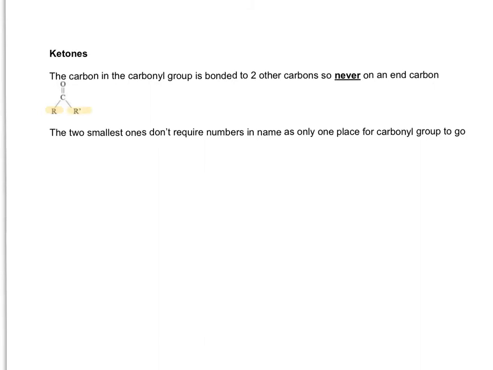The R prime just indicates that it could be a different length chain from the R. Could be the same, but they could be different. So you'll always have your ketone minimum carbon number 3. The smallest ketone doesn't require a number in the name because there's only one place for the carbonyl group to go. Because that carbonyl group is between two carbons, the smallest ketone has to be 3 carbons in length.